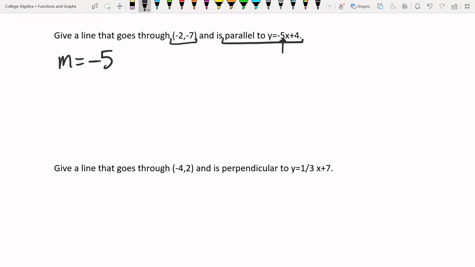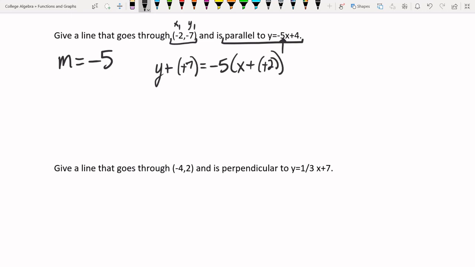Okay, now that we have a point, so our name is x1, y1, and m, now we can use the point-slope formula to find the slope-intercept formula, which is the most important formula. y minus y1 equals m times x minus x1. That's the point-slope formula. Solve for y, and we'll have the slope-intercept formula.